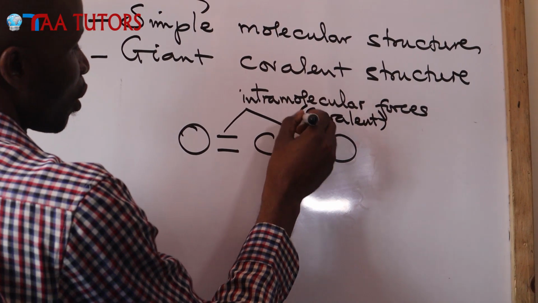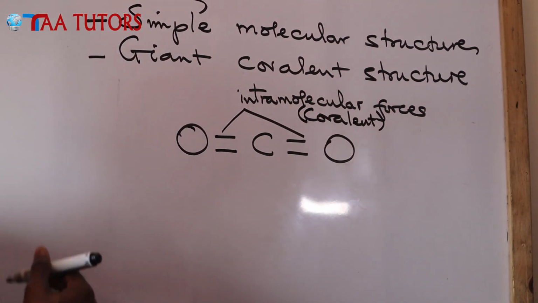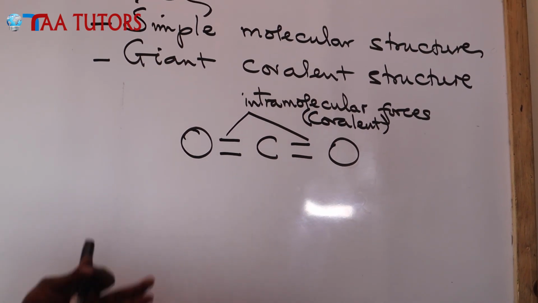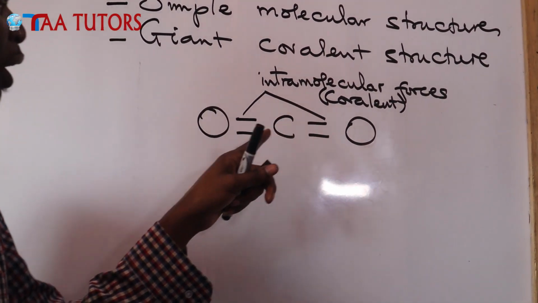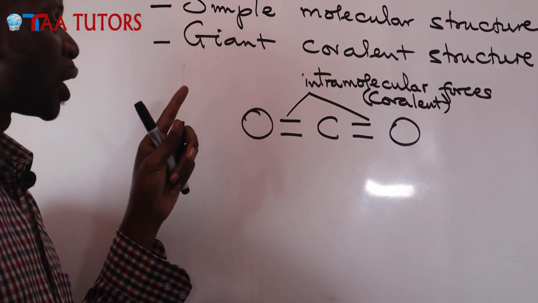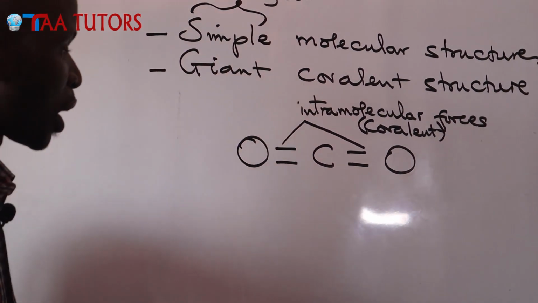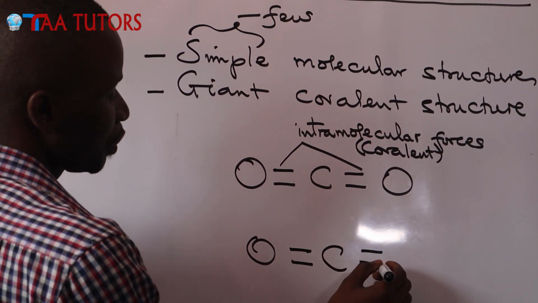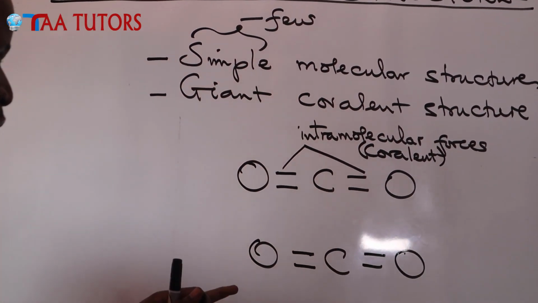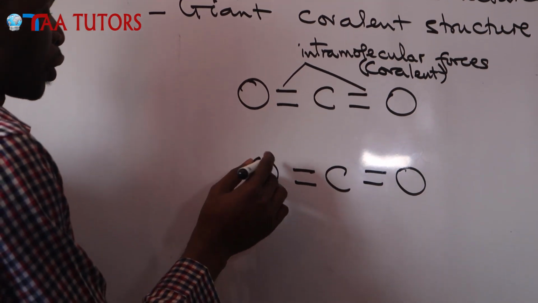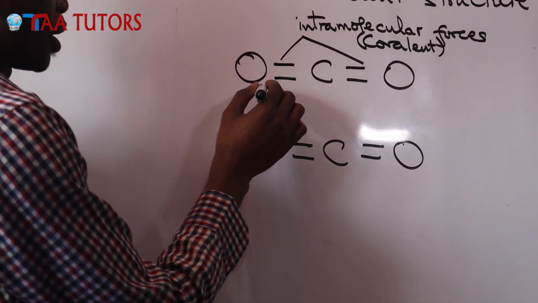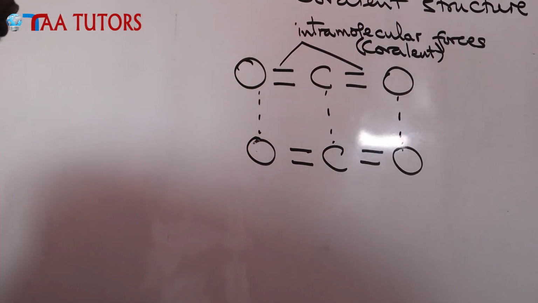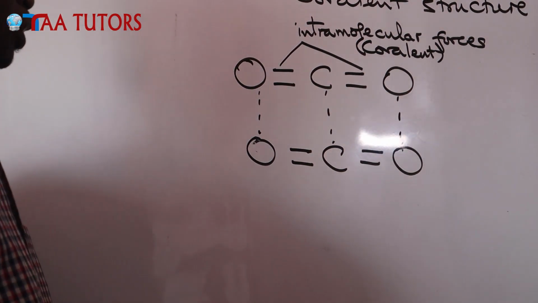They are very strong, but it is not due to the covalent bonds that this thing has a low melting or boiling point, because we know the covalent bonds are very strong. The reason why these things are weak, as we said last time, is that if you have another molecule of carbon dioxide here, then these molecules are connected with what we call van der Waals forces, or intermolecular forces of attraction.